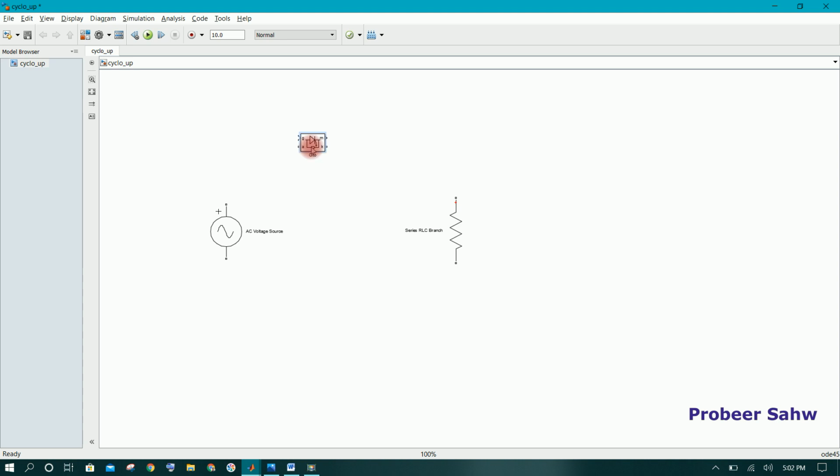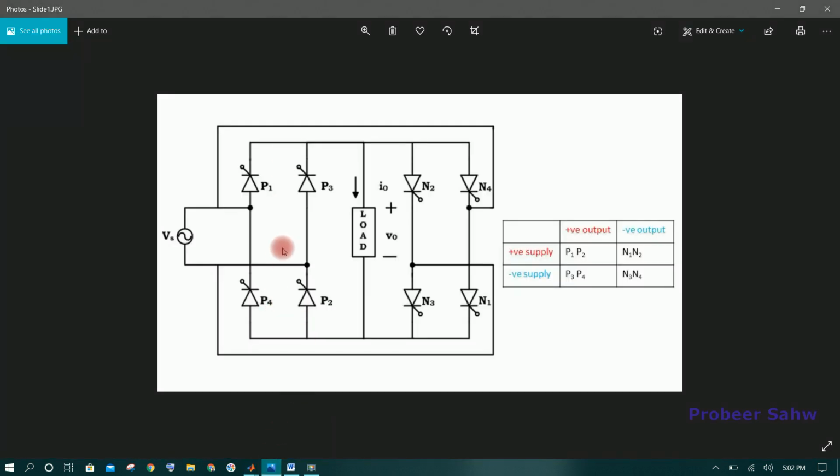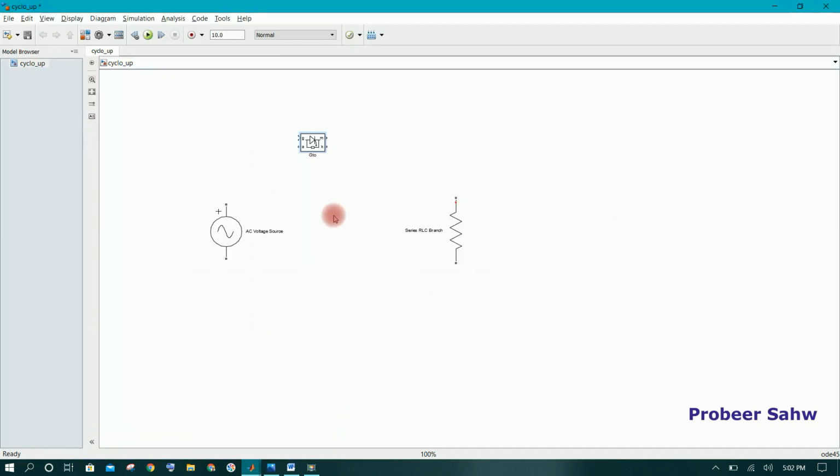Now we require 8 thyristors, 4 thyristors in P group, anode upwards, 4 thyristors in N group, anode downwards. Now we can rotate or realign this thyristor by selecting the GTO and pressing Ctrl R. Now this is aligned.